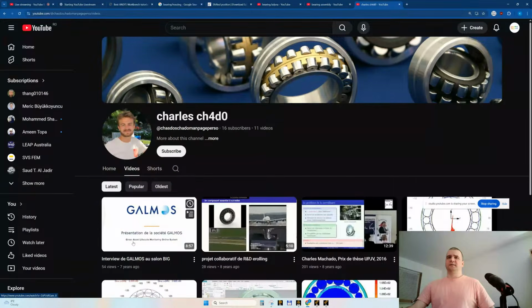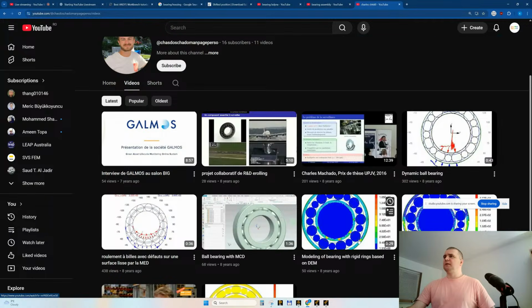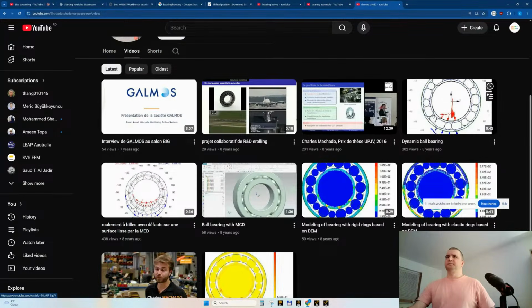Green Asset Life Cycle Monitoring Online System. Ah, and it was a while ago. Rolling bearing with a defect on a smooth surface by the MED, which is the discrete element method, I think.